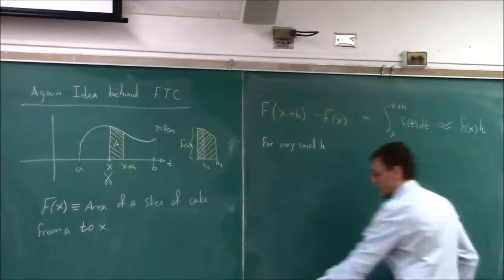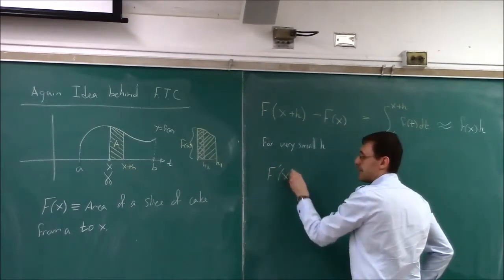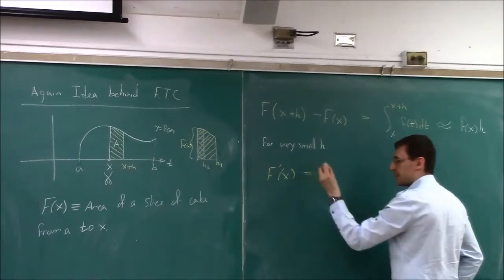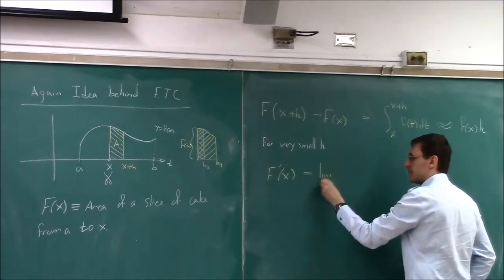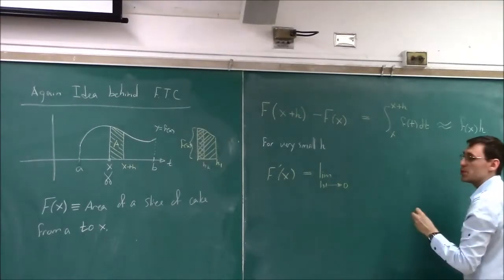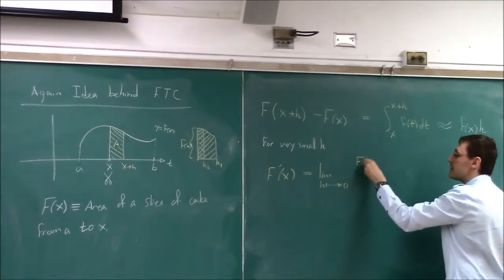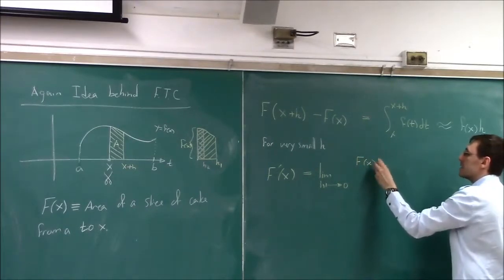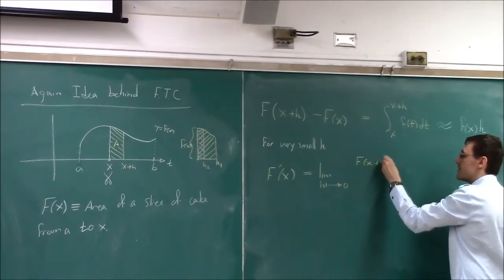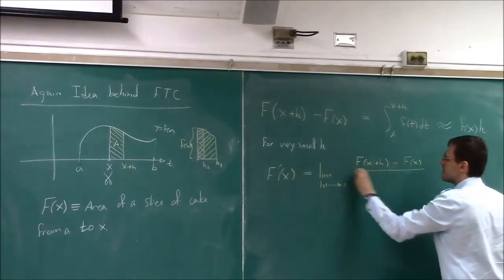So therefore, if I calculate the derivative F prime of x of capital F, that is the limit as h goes to 0, h is becoming really small, of F of x plus h minus capital F of x divided by h.